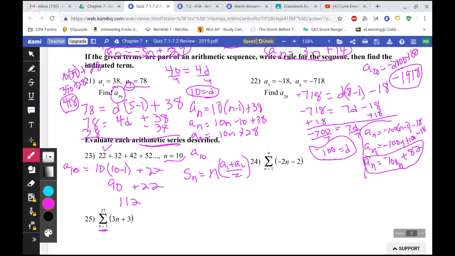So in this case, the sum is 10 times the first term, 22, plus the value of the last term in the series, divided by 2. So 22 plus 112 is 134 divided by 2. So that's 67. So the sum for that is 670.